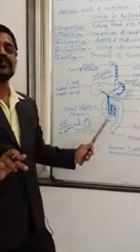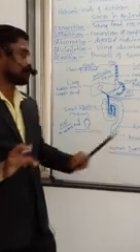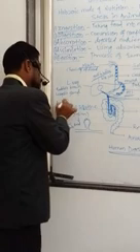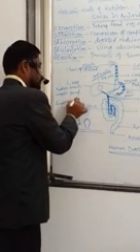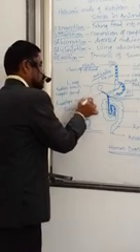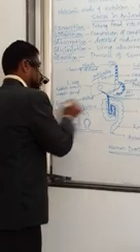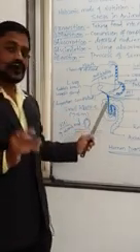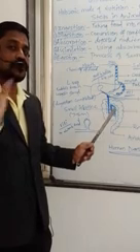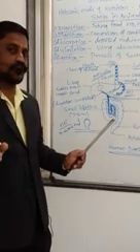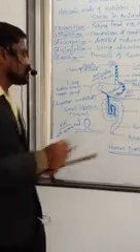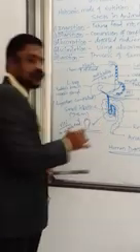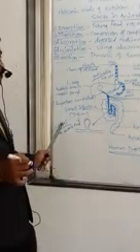Here the digestion process is completed. The digestion process is completed in the small intestine. Now, the small intestine plays an important role in the absorption of food. Look at this. Inside the small intestine, there are small finger-like projections. They are called villi.